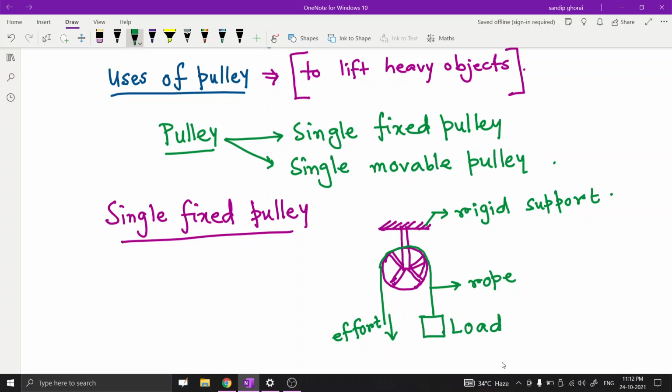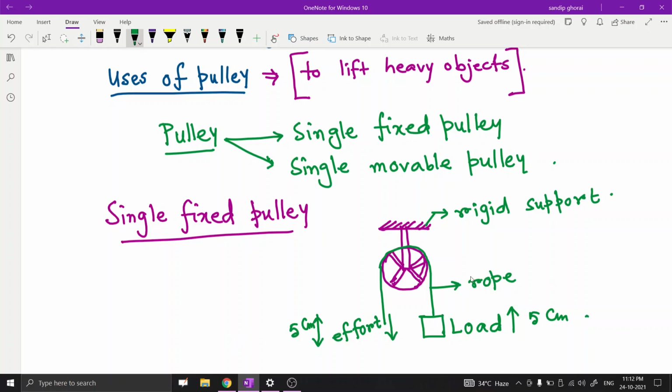Here the effort moves through the same distance as the load. If effort moves a distance of 5 centimeter, then similarly the load is displaced 5 centimeter.